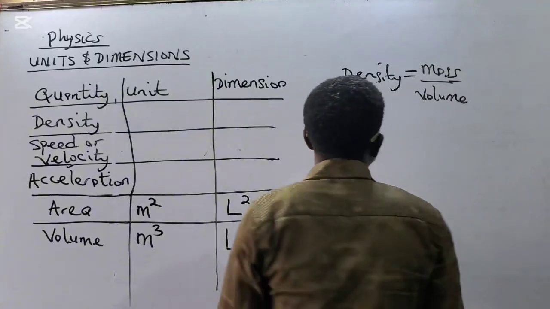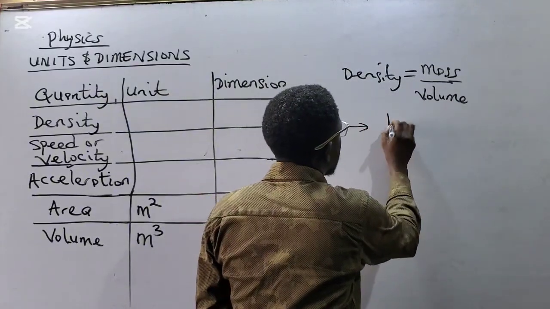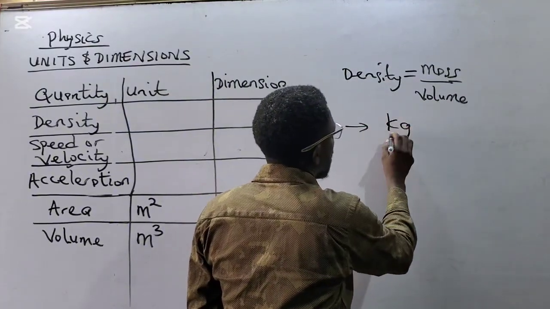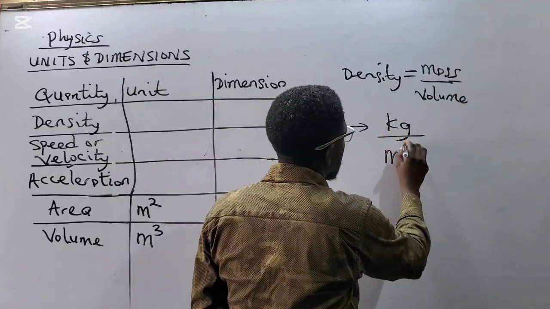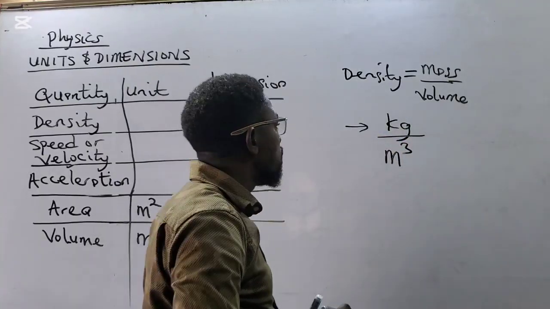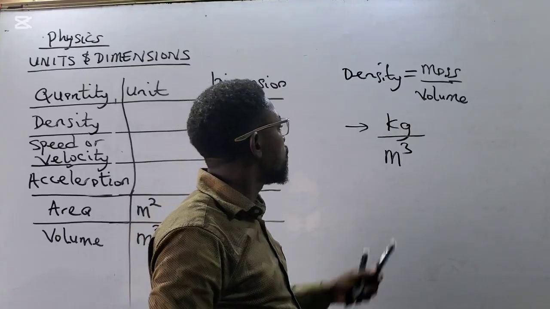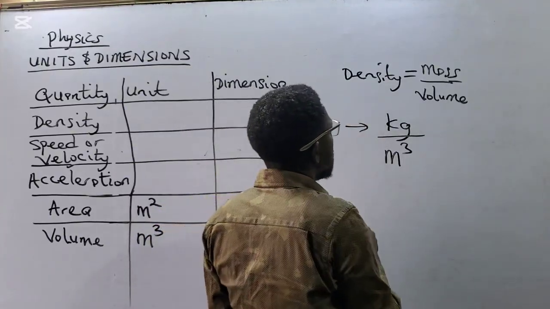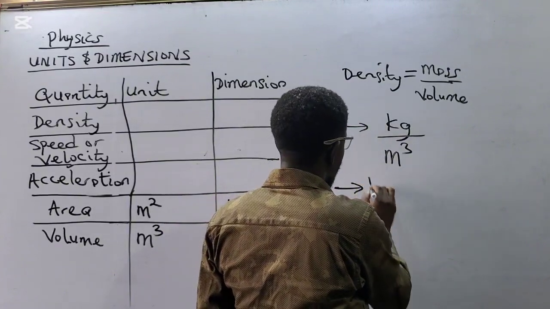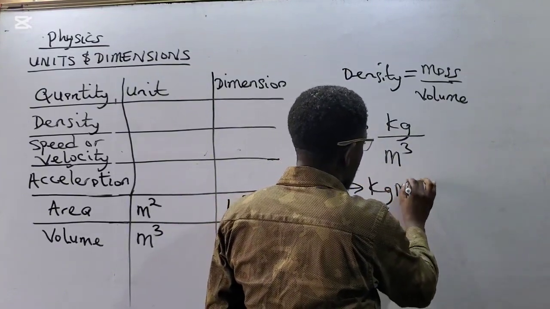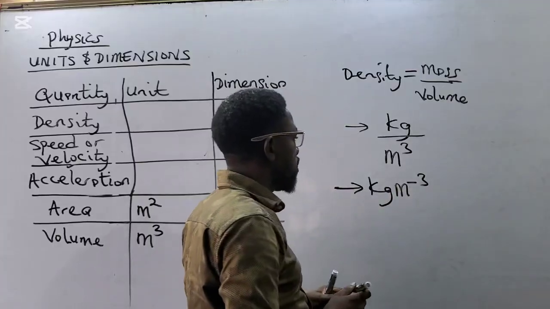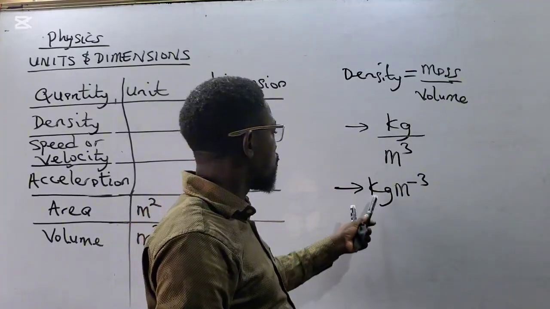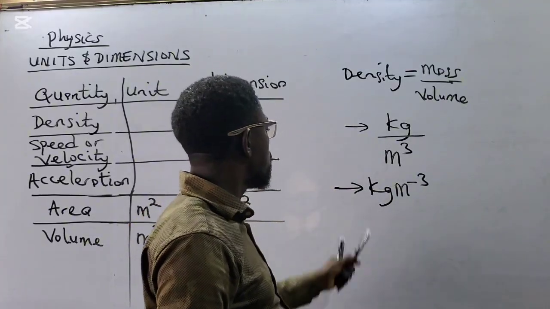The unit of mass is kilogram. The unit of volume is meter cubed. So that means that the unit of density becomes kilogram meter to power minus 3, that's kilogram per meter cubed. So from here we can obtain the dimension.